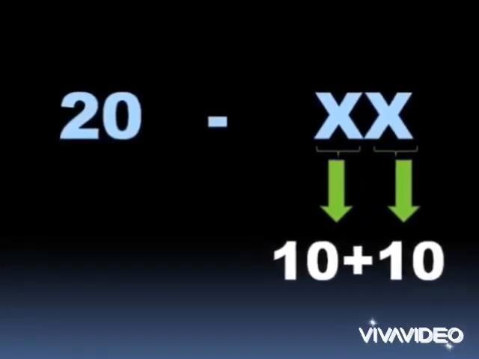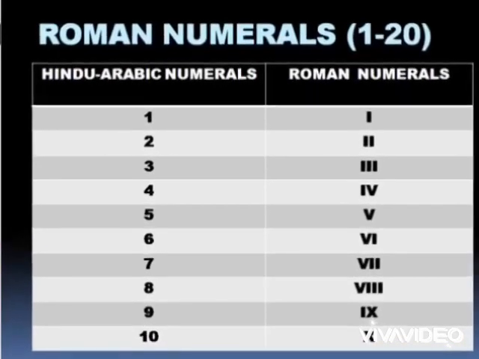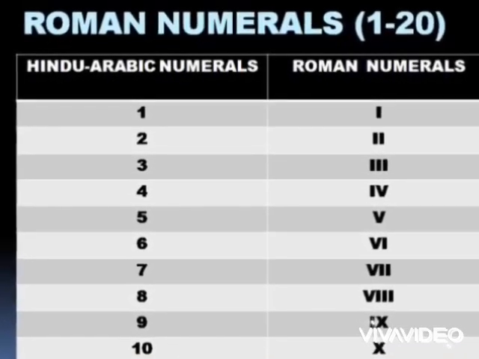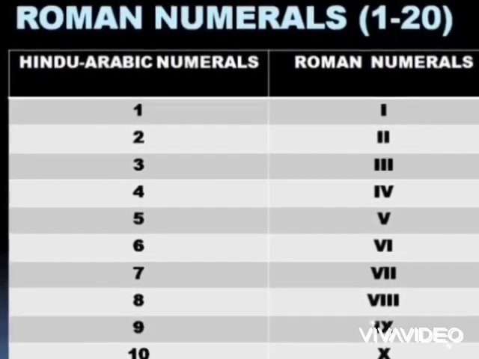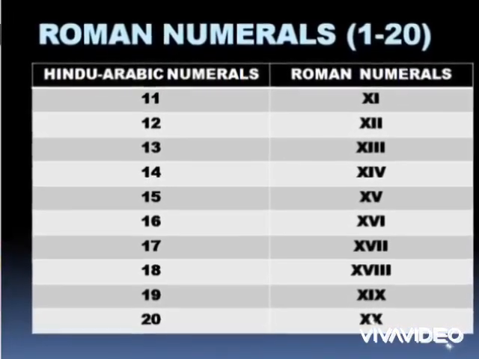Let us once again see how we represent the numbers from 1 to 20 in Roman numerals. 1 to 10 are shown here in this chart, and 11 to 20 are shown in this chart.